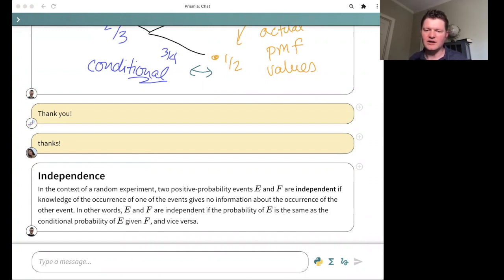In other words, once we have the language of conditional probability, we can say the conditional probability of E given F is just the same as the probability of E. So knowing that F occurred doesn't tell us anything different about the probability that E will occur. In other words, updating our probability measure with the knowledge that the outcome falls in the set F doesn't tell us anything about E, and vice versa.